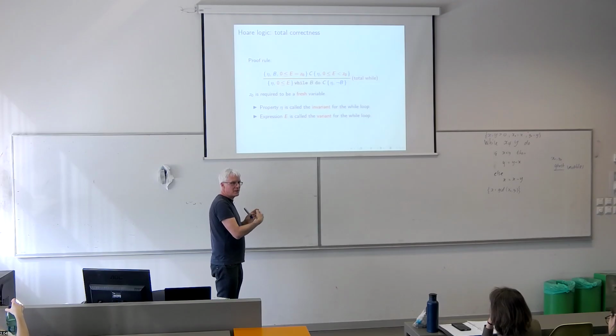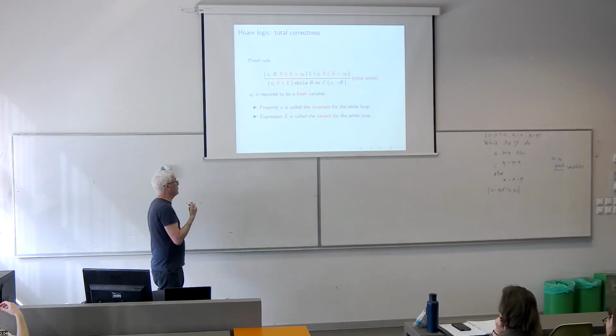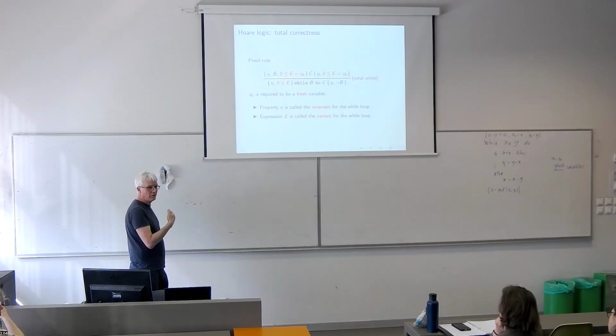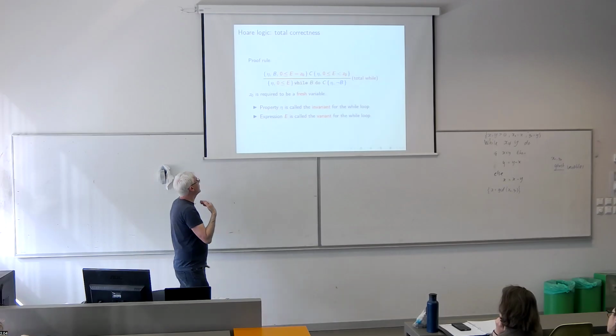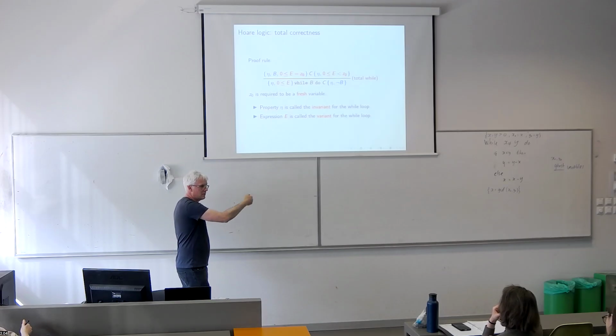One way of guaranteeing that we can only go around the C loop finitely many times is if we can find a value that we can compute from the current store that has non-negative value, and every time we execute C, it strictly reduces that value.